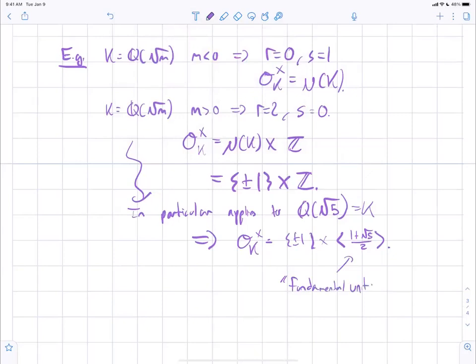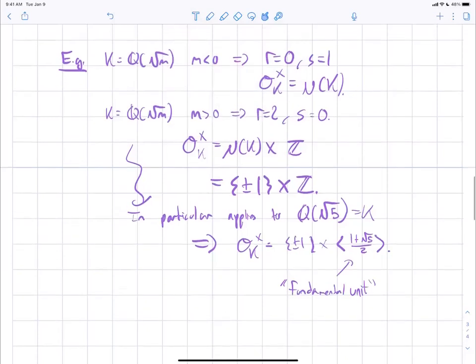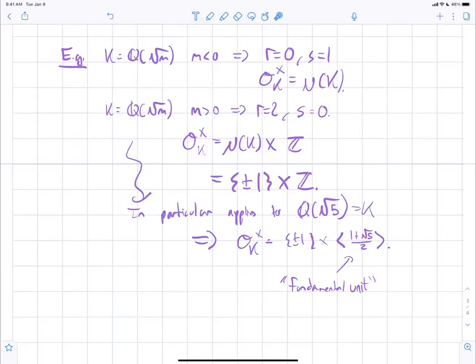So in a real quadratic field, this theorem tells us the unit group is always of the form plus or minus 1 times a power of some fundamental unit. And we can pin that unit down uniquely by thinking of √5 as being the positive square root, and requiring this to be positive.